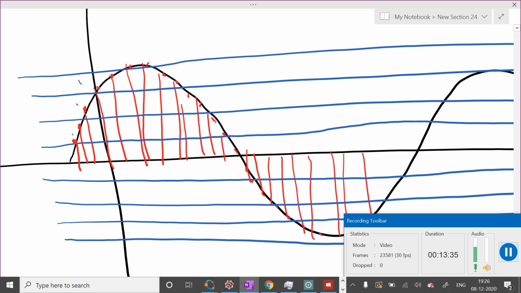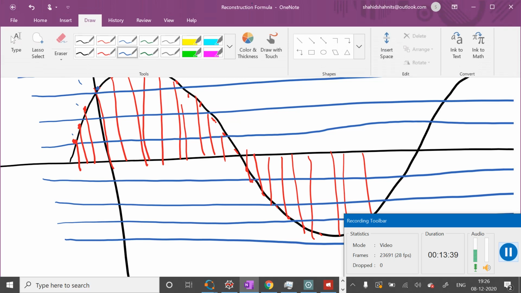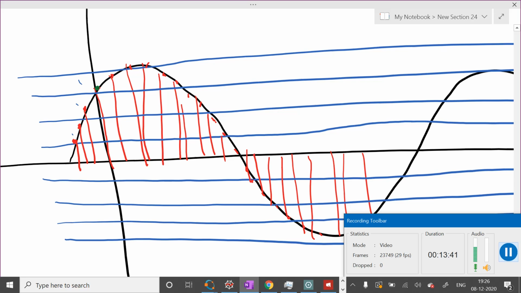Suppose you look at this top sample. You will not take this value, rather you will take the midpoint value, which I am drawing in green.